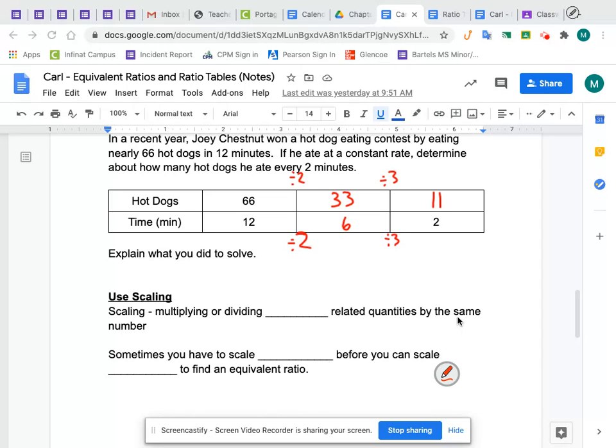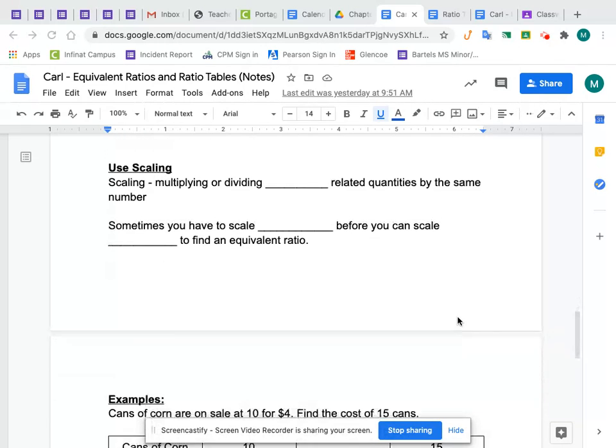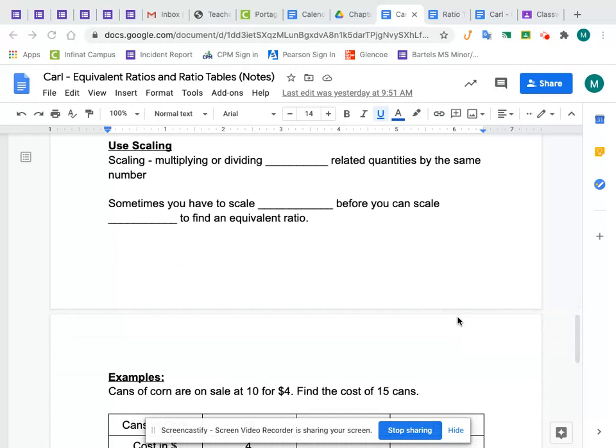And so if I needed to explain what I did to solve, I would put divide by 2, which you would have to do \2, \3 to show that you divided both of those numbers. So when we do scaling, we're multiplying or dividing both of the related quantities by the same number.